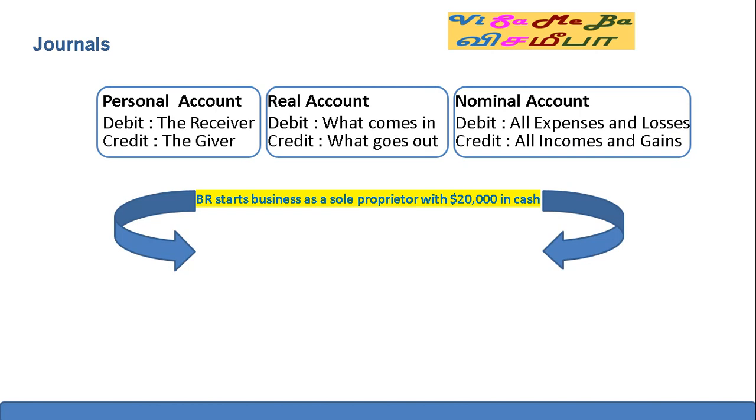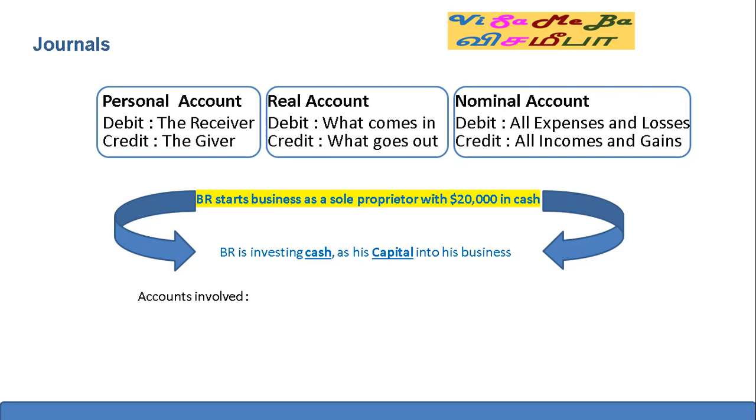So the 2 accounts involved here are: cash is coming into the business of Best Bakery Shop, and BR is investing it as BR's capital.